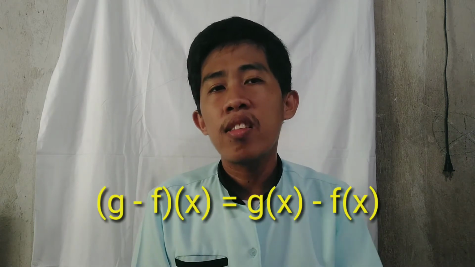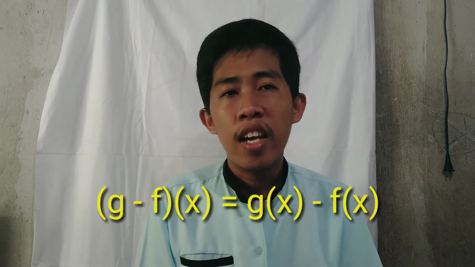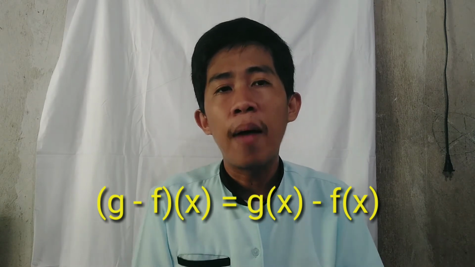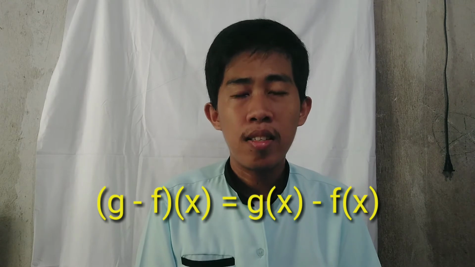And in some instances, minsan yung guro natin ay ang pinapasagot ay yung g of x minus f of x. At of course, maiiba naman yung representasyon natin. So like g minus f of x. And as what I've said earlier, that was the formula, g of x minus f of x.